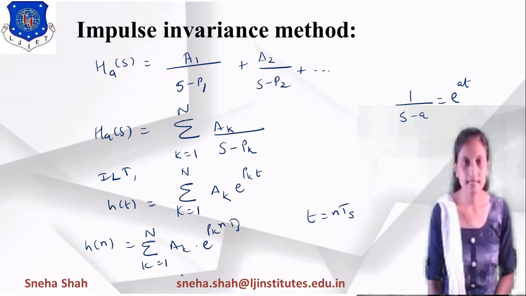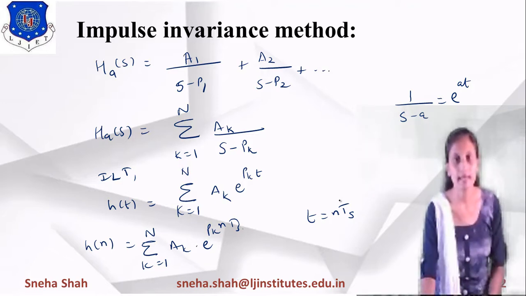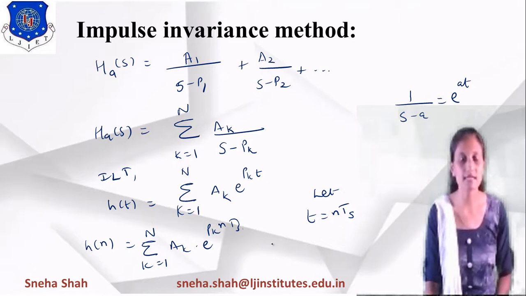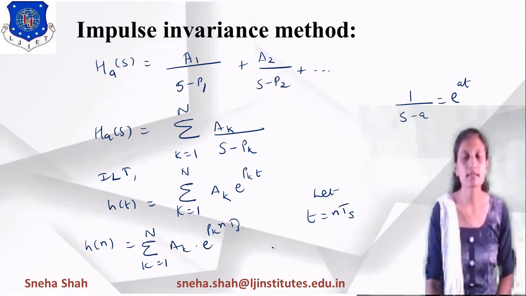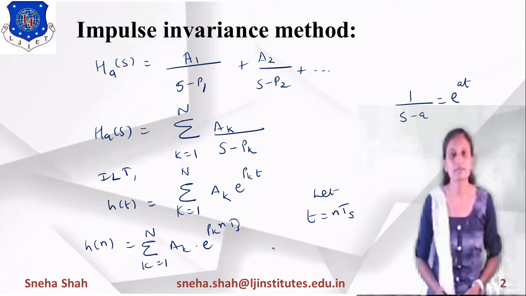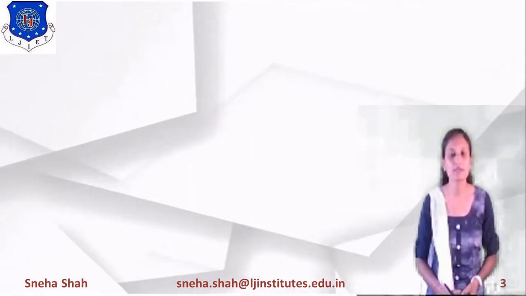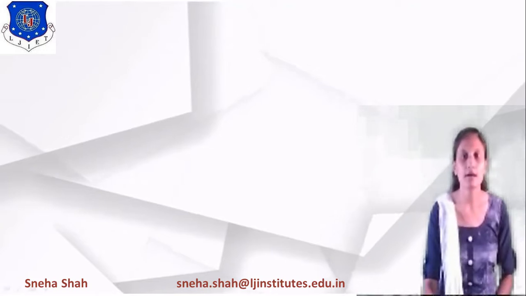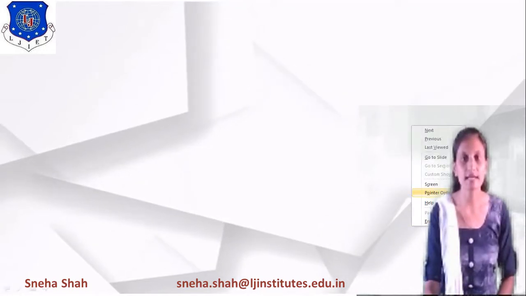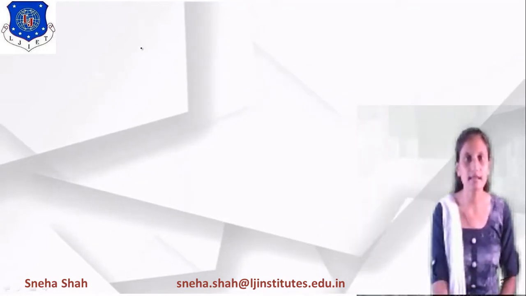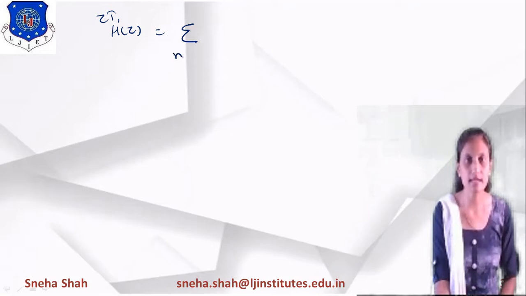Now if I take the Z transform of this, what will be the Z transform of h of n? The Z transform is the summation over the entire range, n equals minus infinity to infinity, of h of n z raised to minus n. So H of z equals the summation of h of n z raised to minus n.